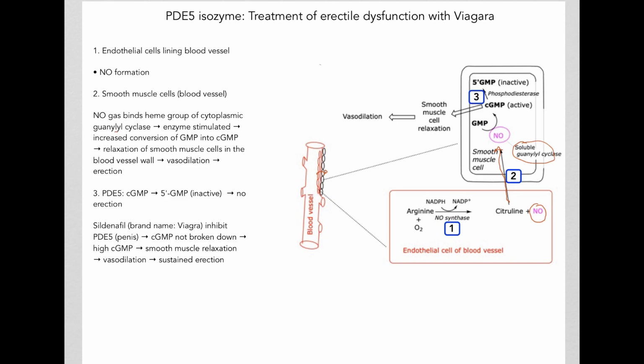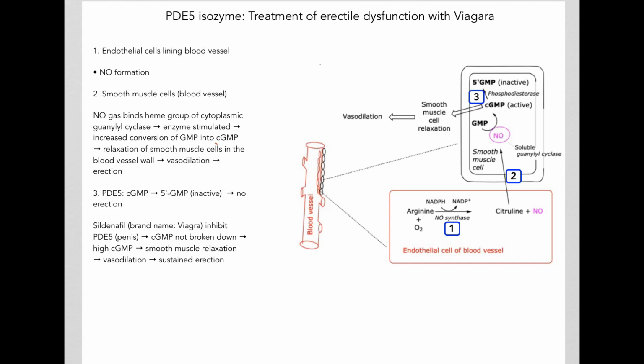This guanylyl cyclase enzyme will become stimulated, and this enzyme will convert GTP into cyclic GMP. And this cyclic GMP now will cause relaxation of smooth muscles in the blood vessel wall, and that will lead to vasodilation. The blood vessel radius becomes bigger, and that will lead to erection.